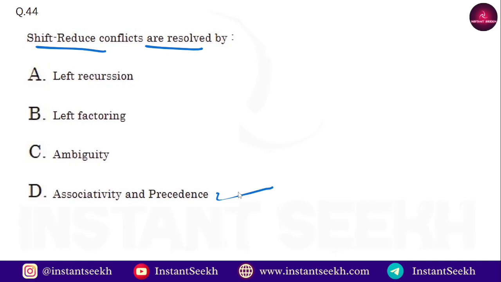Associativity determines how operators of the same precedence are grouped in the absence of parentheses, and precedence determines the order in which different operators are applied. That is, multiplication has higher precedence than addition. So your correct answer is option D. Using associativity and precedence rules, shift reduce conflicts are resolved. Let's move on to the next.